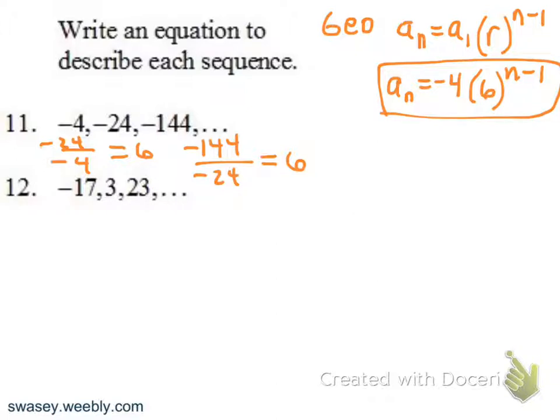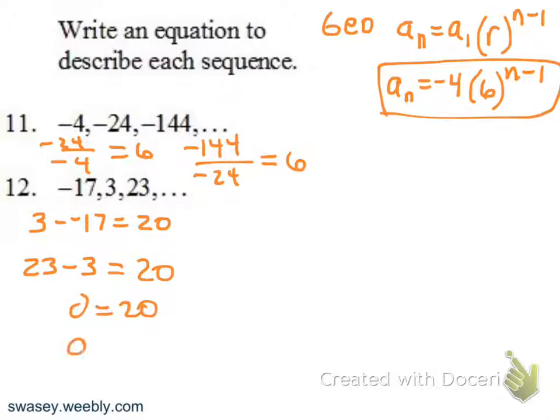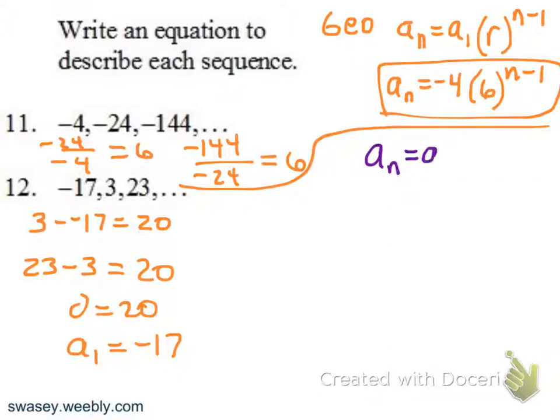And then for the next one, it's not multiplying, it's adding 20. So our common difference is 20. First term is negative 17. Now the equation for arithmetic sequences is a sub n equals a sub 1 plus n minus 1 times d, where d is the common difference. So our first term, negative 17.